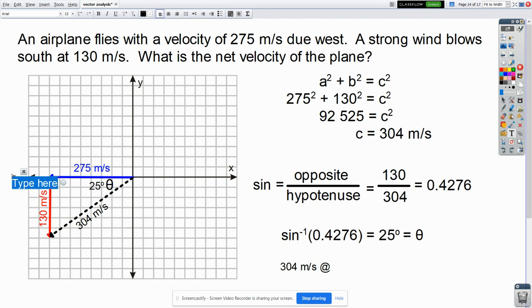Over here is 180 degrees. And we have gone 25 degrees past that. So it's 180 plus 25. And we would probably want to report this angle as 205 degrees.